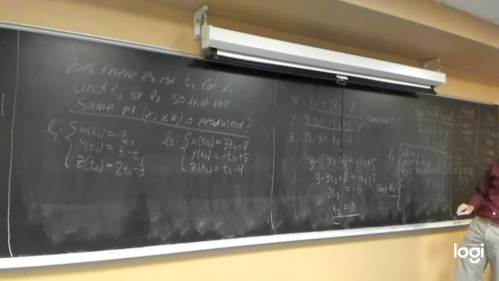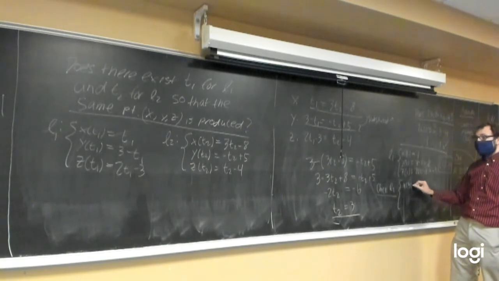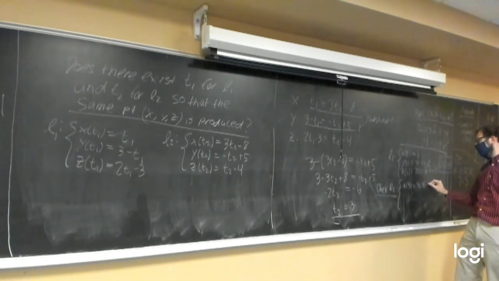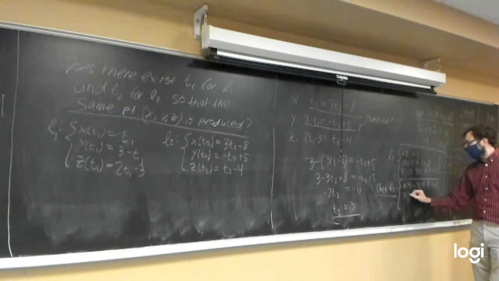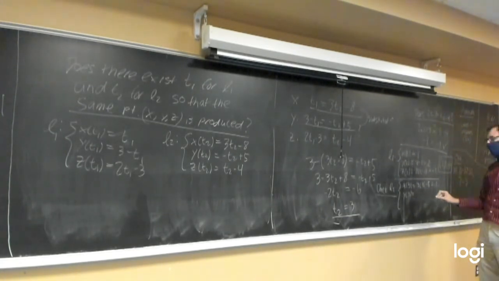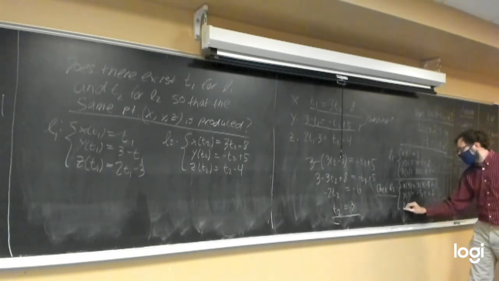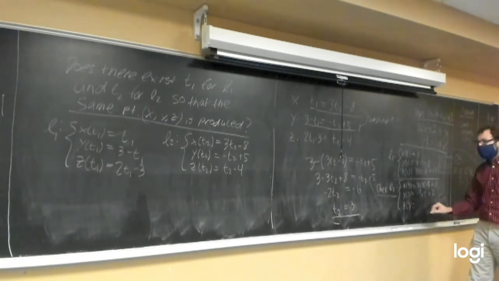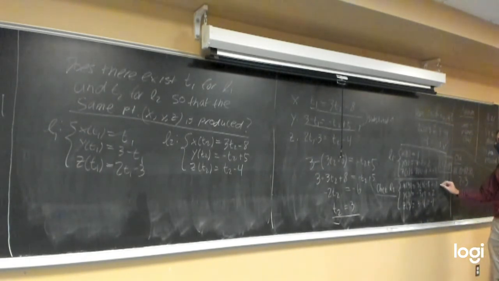For our second line, if we plug in t2 equals 3, we get x of 3 is 3 times 3 minus 8, which is 1. y of 3 is negative 3 plus 5, which is 2. And z of 3 is 3 minus 4, which is negative 1. We found our point of intersection.